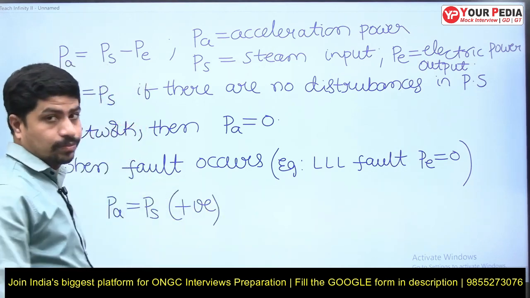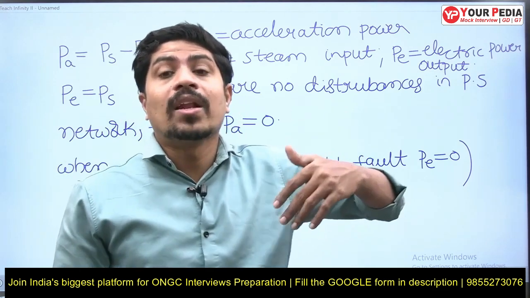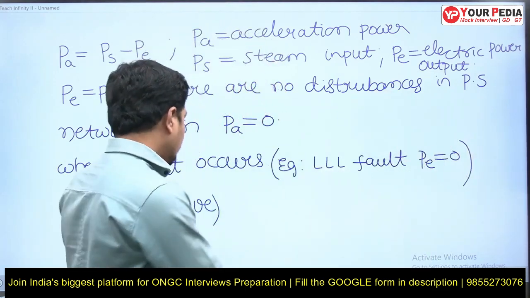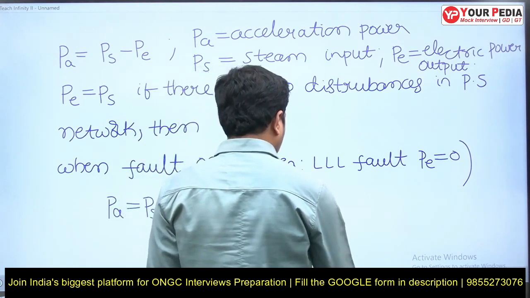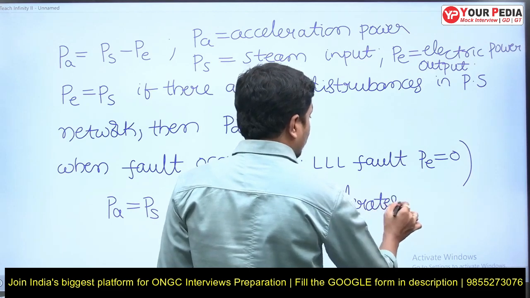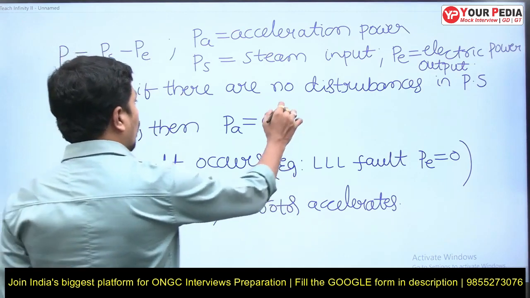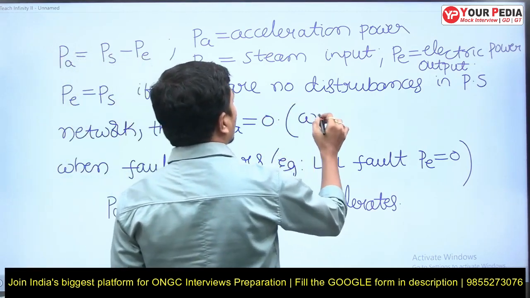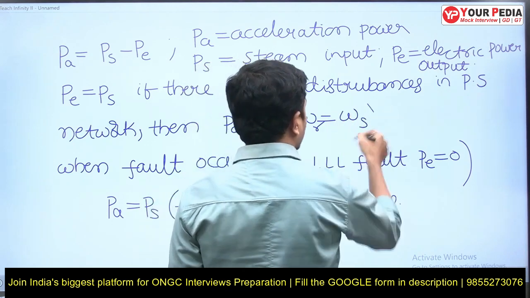Positive. If acceleration power is positive, the rotor will accelerate. The present speed is synchronous speed, so omega r, the rotor speed, is equal to omega s, the synchronous speed.